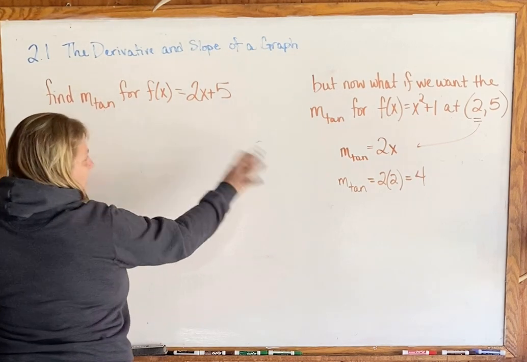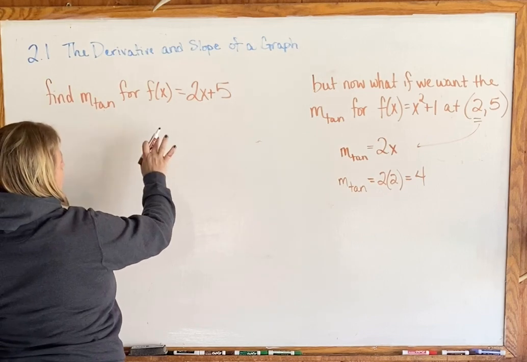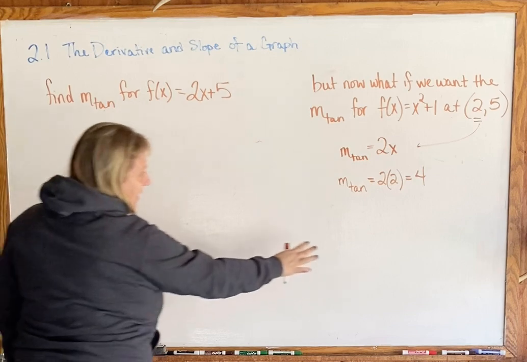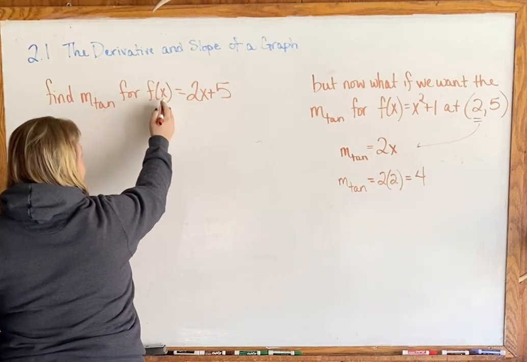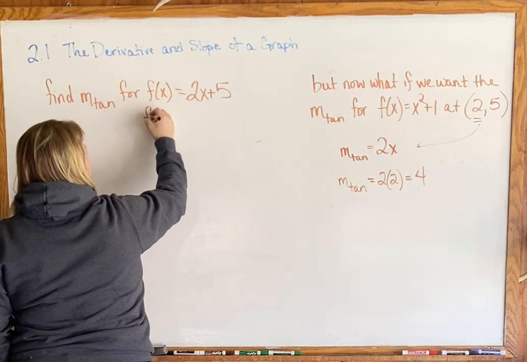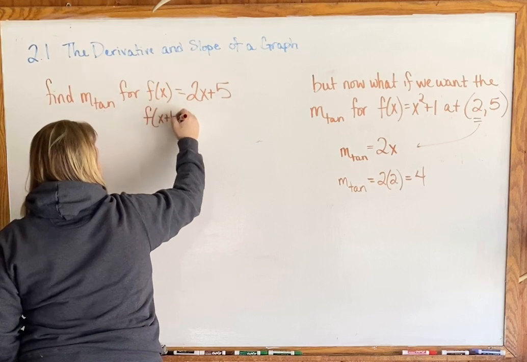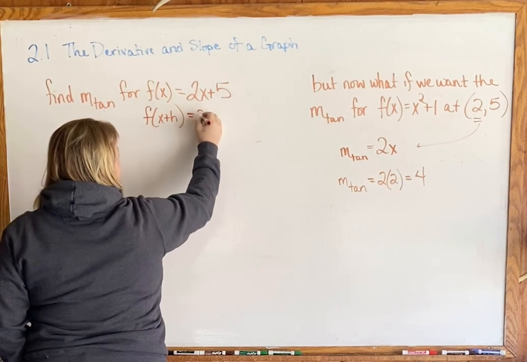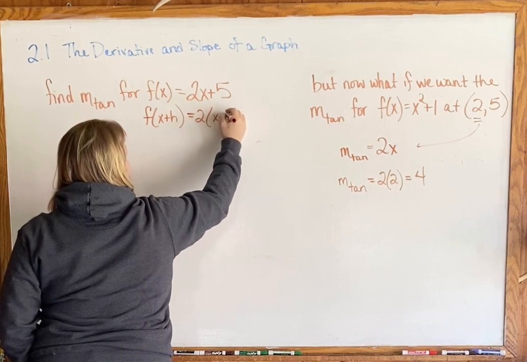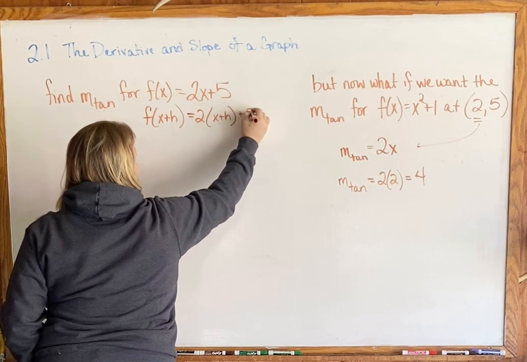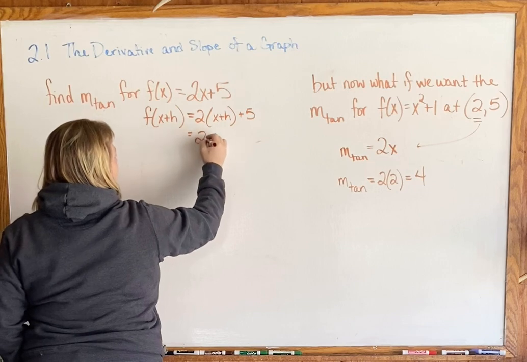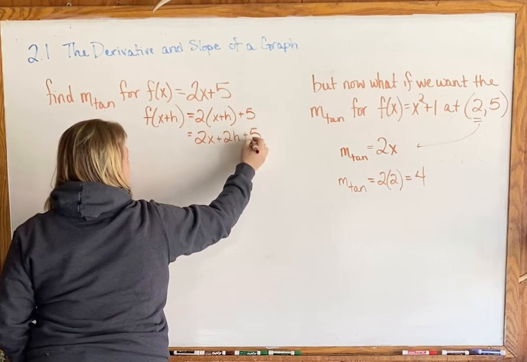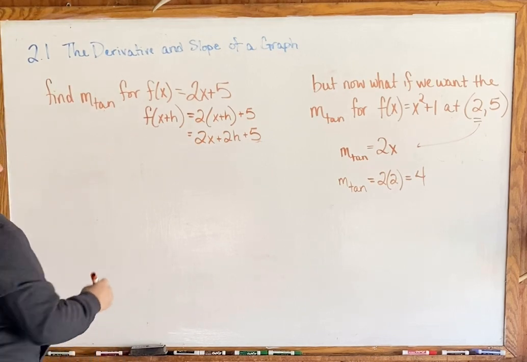So this time they didn't give us a point. They just want the formula for m tangent. So I know I erased it, it was over here before, but we need f of x, which we have, but we also need f of x plus h. So we're going to find f of x plus h by plugging in x plus h right there, and then multiplying out: 2x plus 2h plus 5.